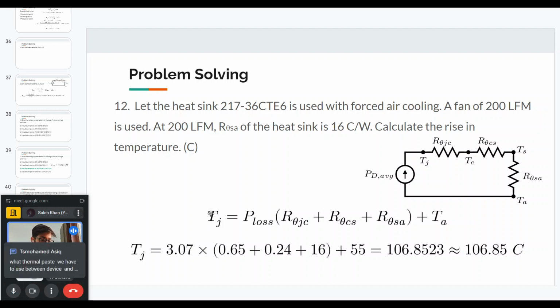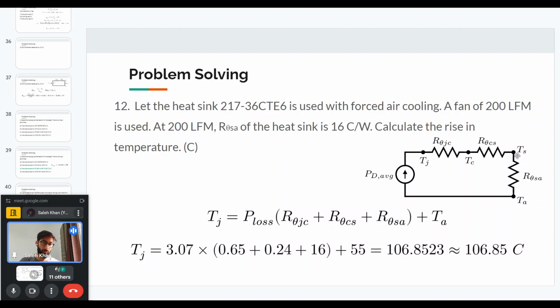Another question is, can we mount all the devices on the same heatsink plate? Yes, in that case there will be parallel power losses as well. Each device will have its own separate loss, its own junction to case resistance and case to sink.